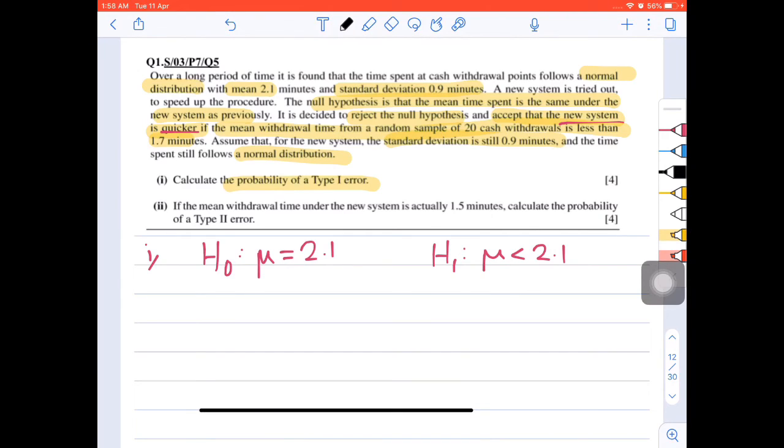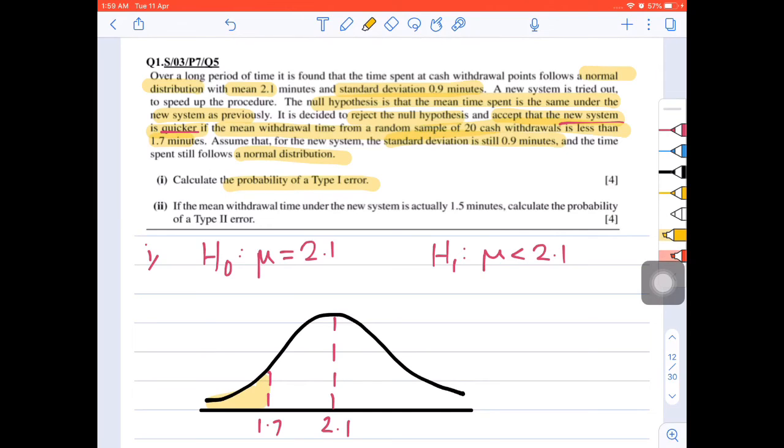So if this was the graph with mu as 2.1, they're saying that if the mean withdrawal time is less than 1.7 minutes, so let's say that this is 1.7, if it is less than 1.7, that means this region, then the null hypothesis will be rejected.